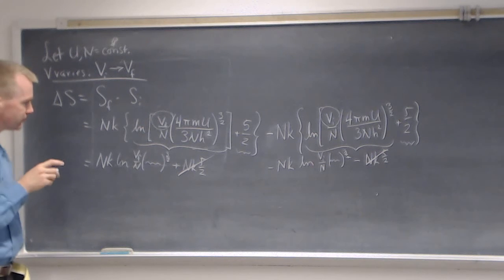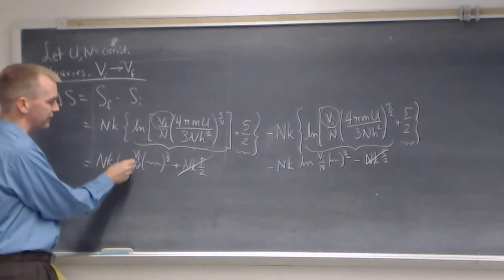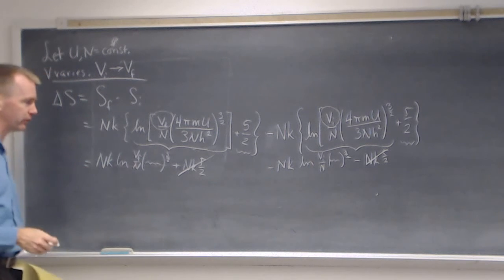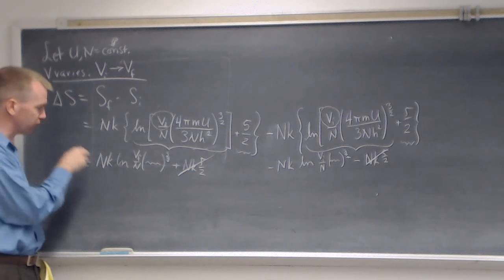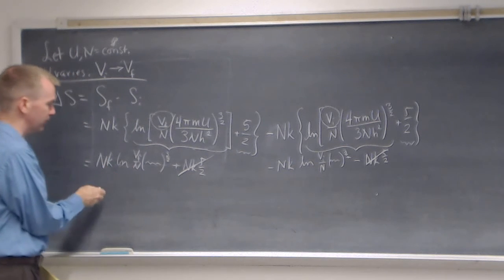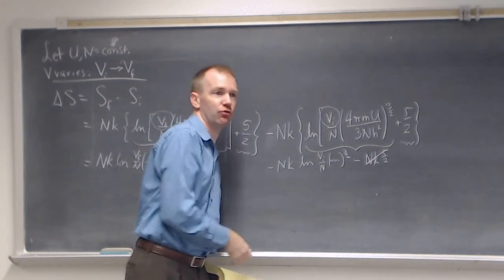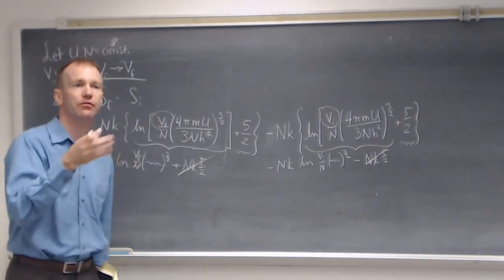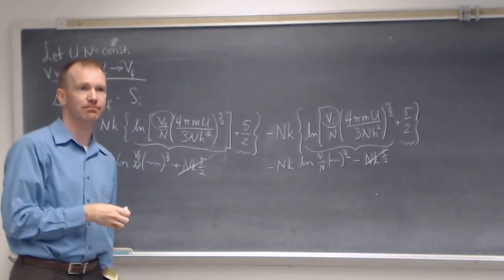The next thing is that I've got nk natural log of final over n times that stuff in parentheses. Let's see, by the way, I could just put it this way and do it all in one fell swoop. Something times a natural log minus something times a different natural log. If I have a difference of two natural logs, how can I combine those?